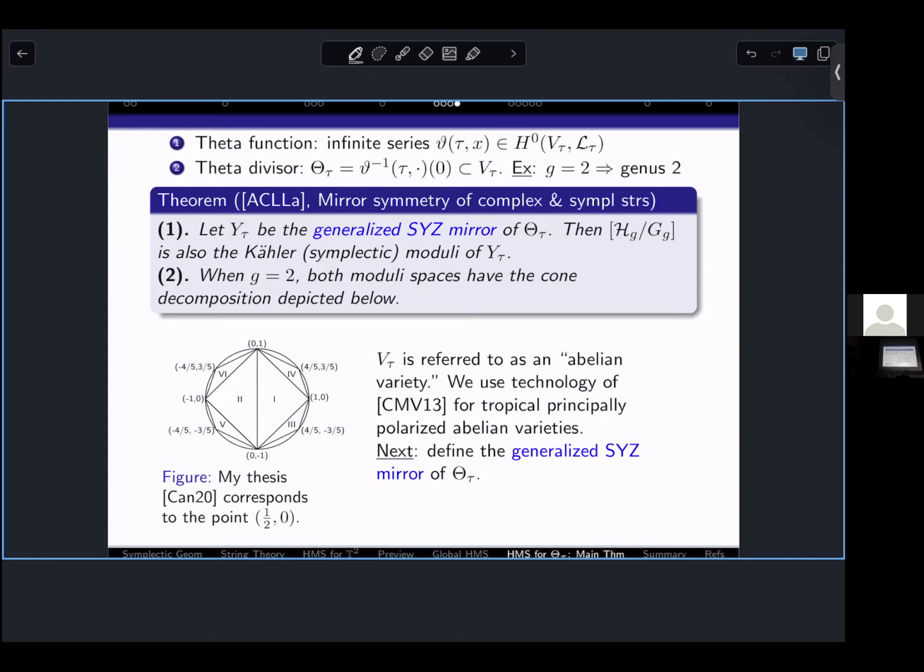You need a quadratic form, and you need weighted graphs. There's a whole machinery to build up how you describe the decomposition of complex structures on the genus 2 curve. Yeah, in terms of discrete data. In terms of discrete combinatorial data, exactly. And you get a cone, and the slice of that cone at height 1 is this picture.